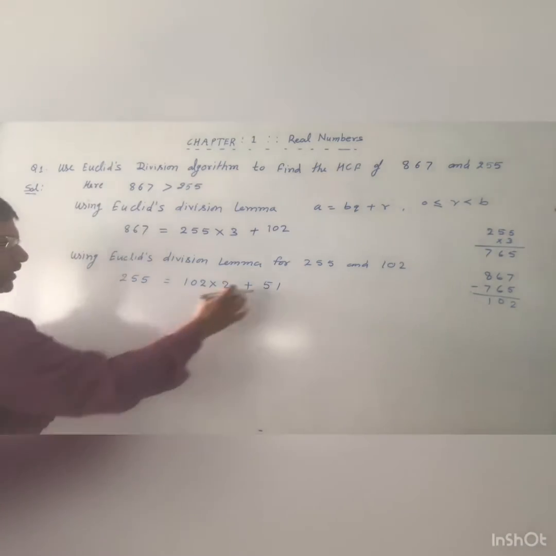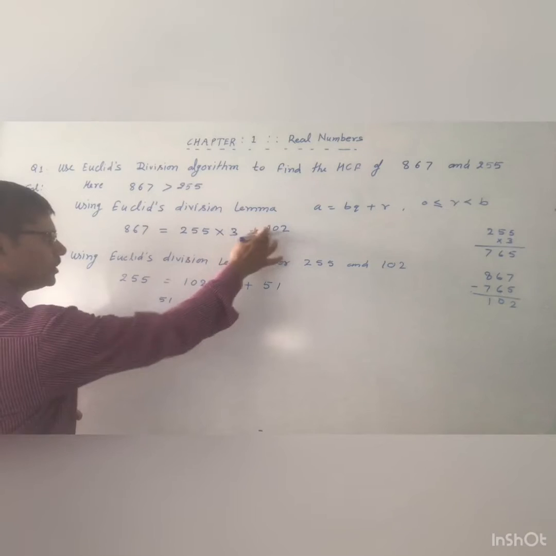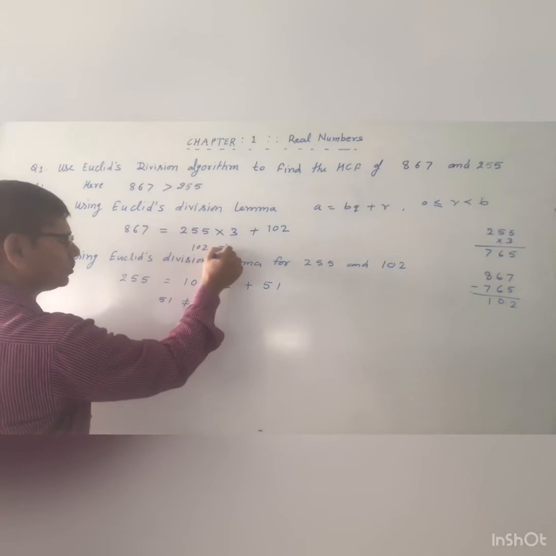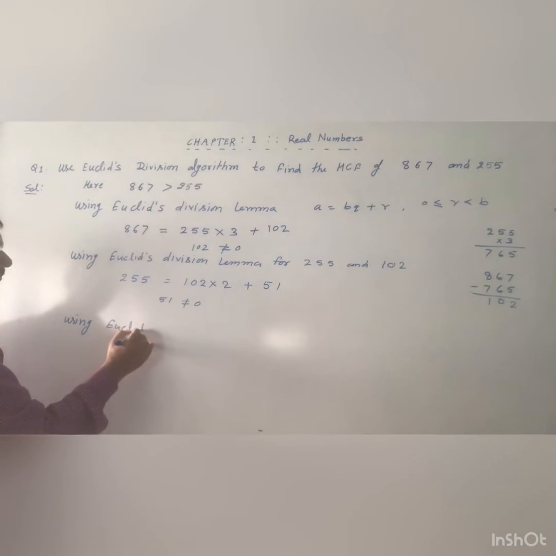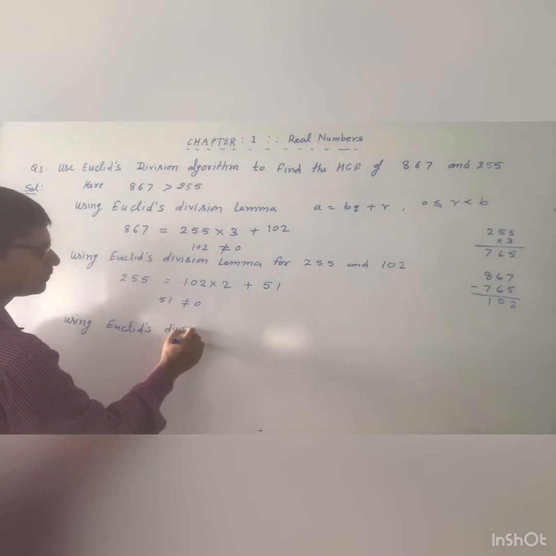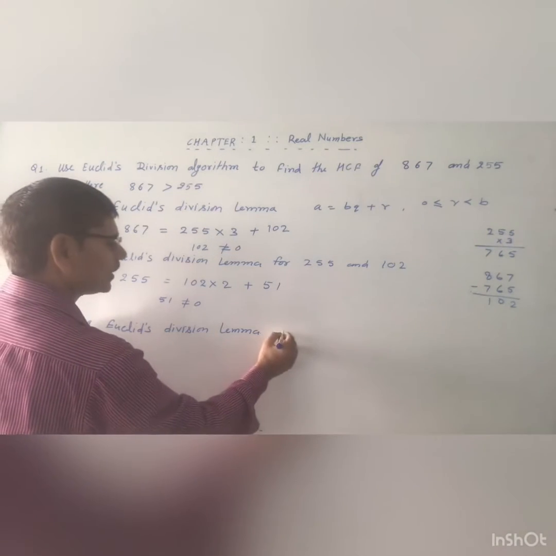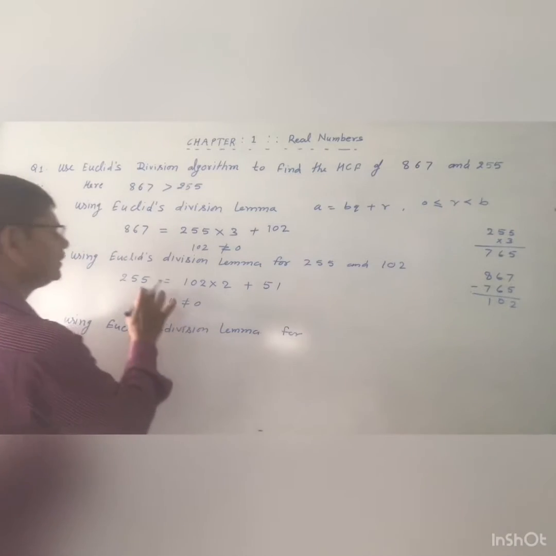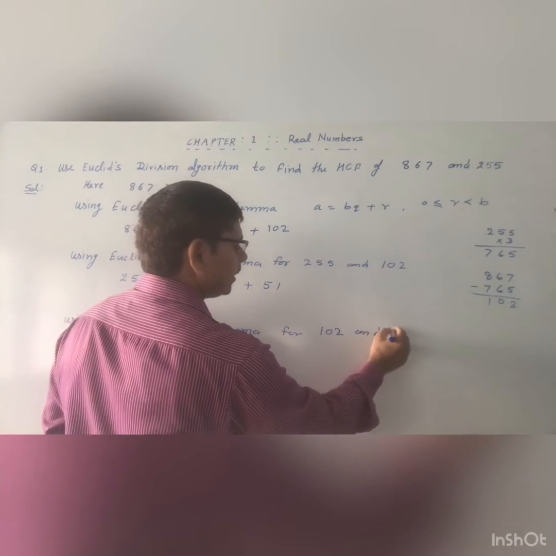Okay? So here R is not equal to 0, 51 is not equal to 0, and 102 is not equal to 0. So we will use Euclid division lemma again for the numbers 102 and 51.